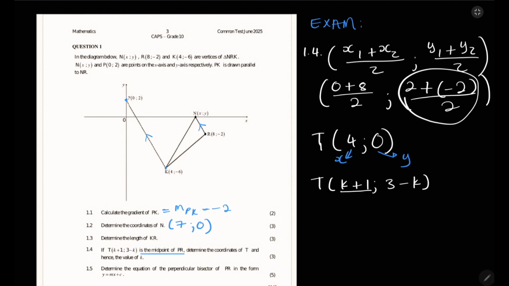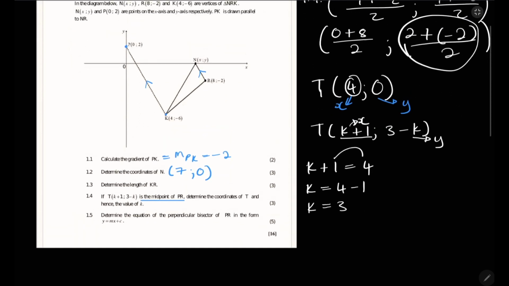So we can start with k plus 1. K plus 1 is equal to, it has to be 4, because that'll be your x, and that is your y. K plus 1 is equal to 4. When you take this one to that side, we'll have k is equal to 4 minus 1. Therefore, k is equal to 3.